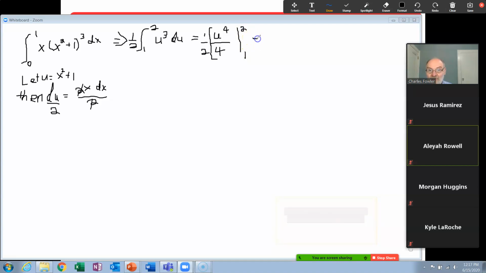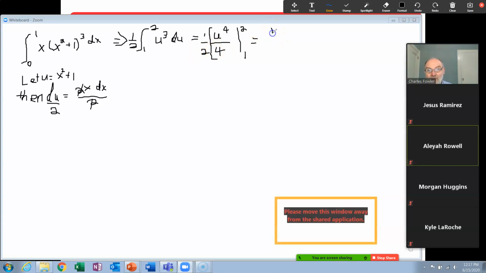By the way, you can pull this 4 out with the 2 and make that 1/8. To me, that's easier than dragging around that fraction that's not going to change any. 1/2 of 1/4 is 1/8. And then plug this in. Does anyone know what 2 to the 4th power is?